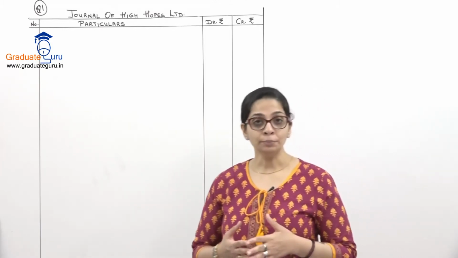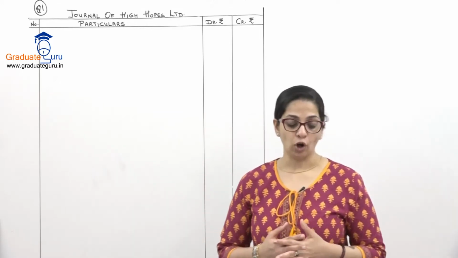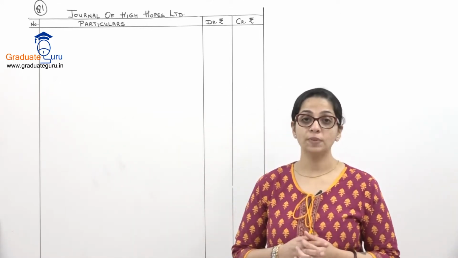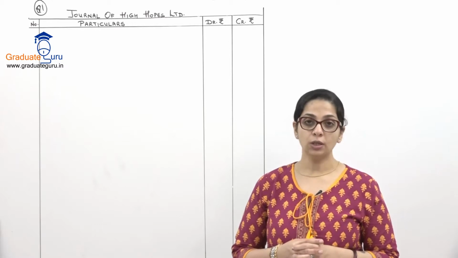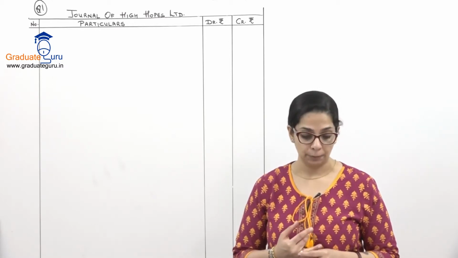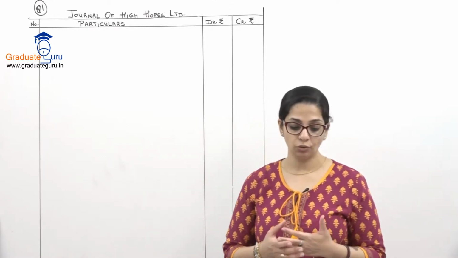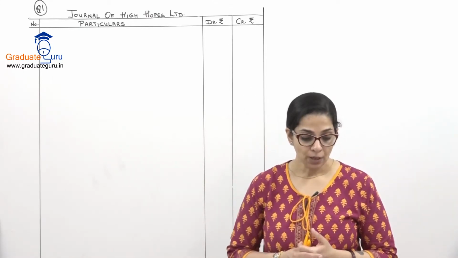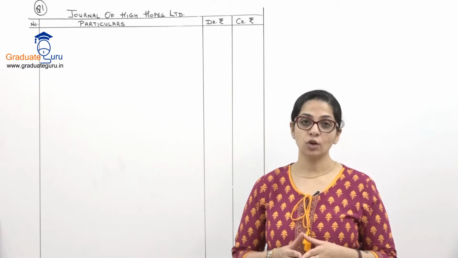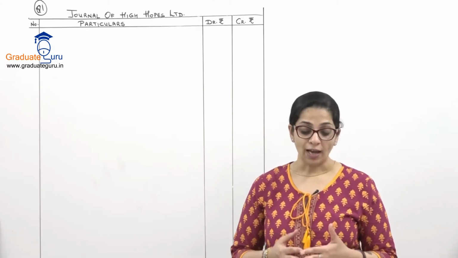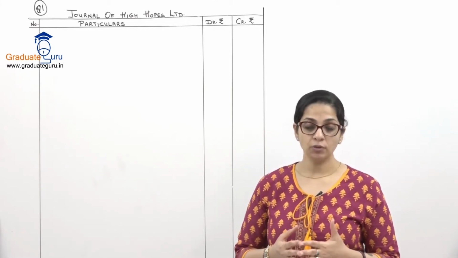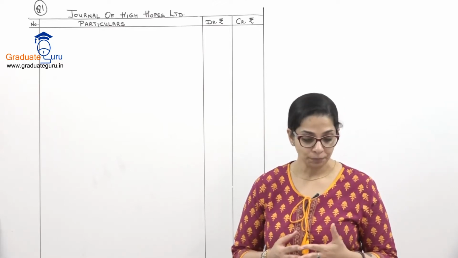So the first sum says the following is the balance sheet of High Hopes Limited as on March 31, 2019. They've given us a list of liabilities and assets. Let's read through that. Liability side, we have 1 lakh equity shares of rupees 10 each, 500 10% preference shares of rupees 100 each.